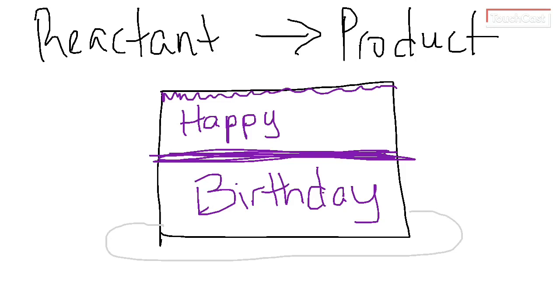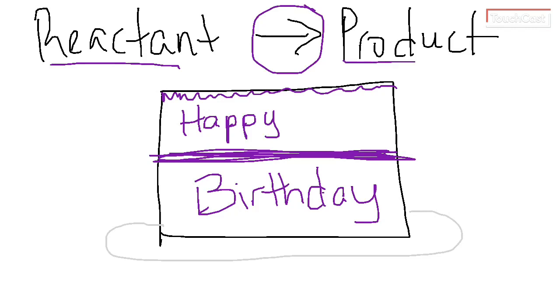Now, once I put those mixed ingredients into the pan, put in the oven, I'm going to get my product. So think about the process of going into the oven as this arrow. The arrow stands for your yield. So really you read this as reactant yields product. Yield means you're going to get something in the end, okay?